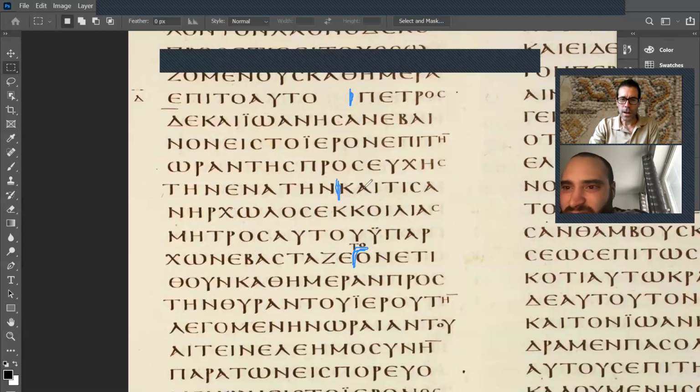So and some man, lame or crippled or paralyzed, cholos. So I think we have here nominative masculine singular, from ek koilias, from the womb.